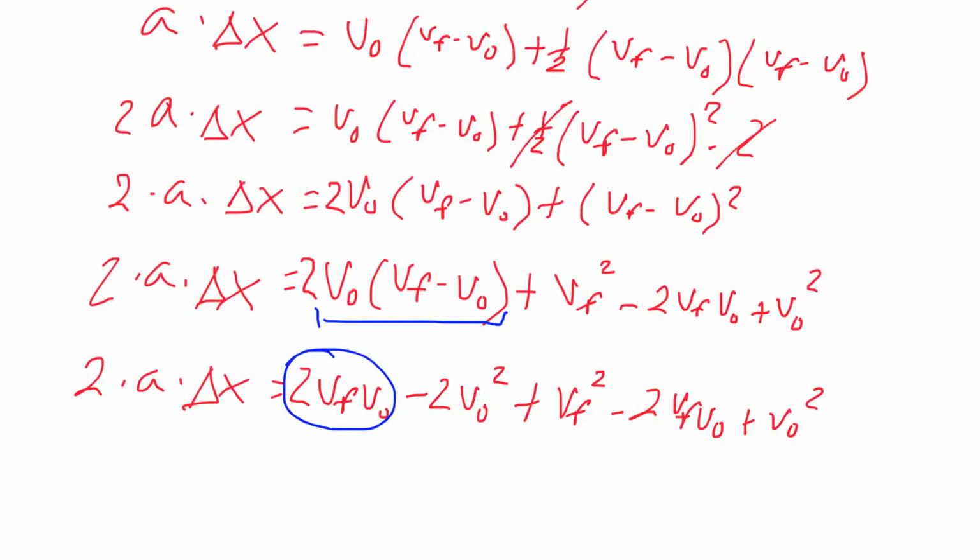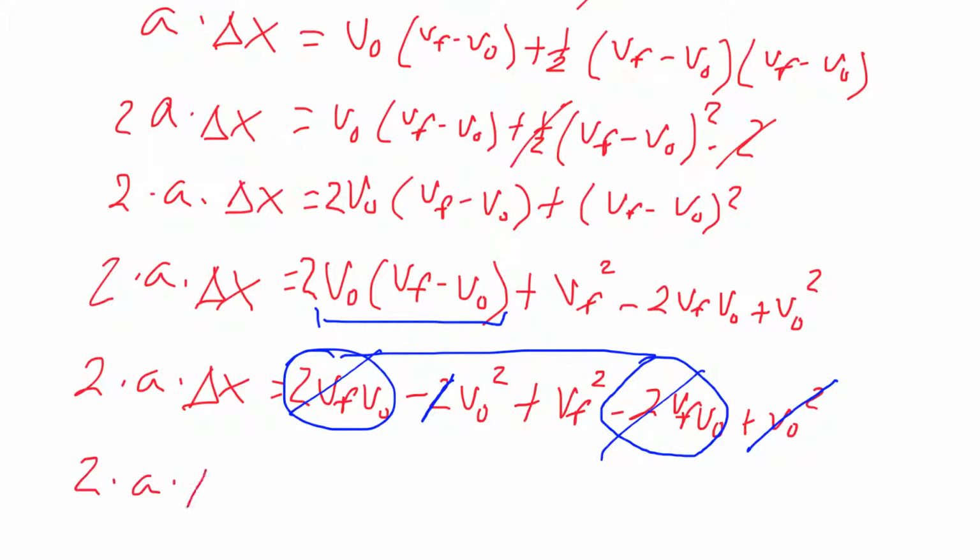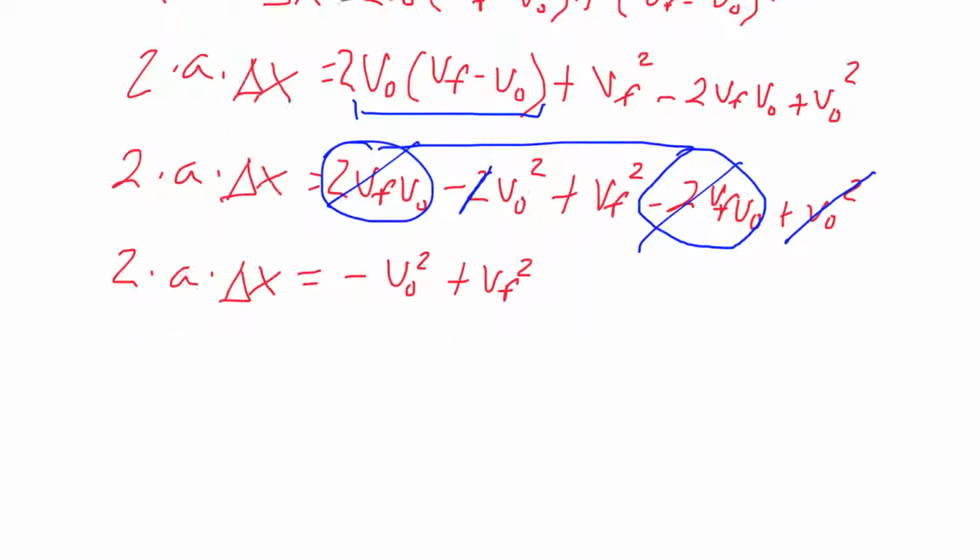We've got a positive 2 V final V naught and a negative 2 V final V naught, so those cancel out. Then I notice that we have a negative 2 V naught squared and a positive V naught squared. So this positive one can cancel with one of those over there. So then that gives us 2 times the acceleration times delta x is equal to negative V naught squared plus V final squared.